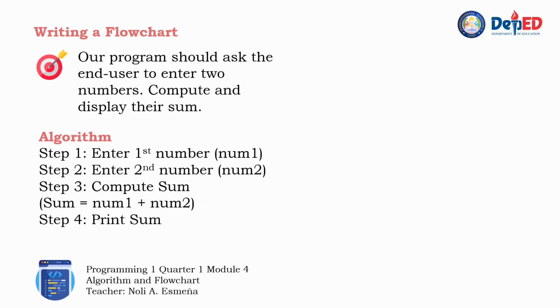Let's try to apply the different flowcharting symbols by creating a flowchart for our sample problem. Notice that we have already written an algorithm for this, and we will use it as our basis to create our flowchart. The first thing we need to put in our flowchart is a terminal block.